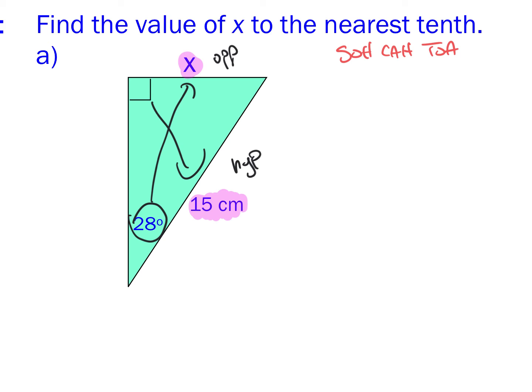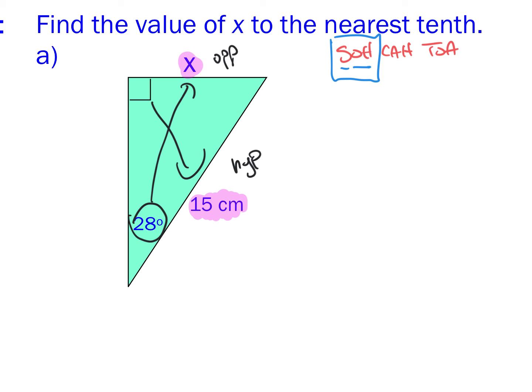So we have the opposite and the hypotenuse. So we have sine, which is opposite and hypotenuse. Ding, ding, ding, we got a winner. It's a sine. Cosine and tangent don't deal with the opposite and the hypotenuse. So it's got to be sine.